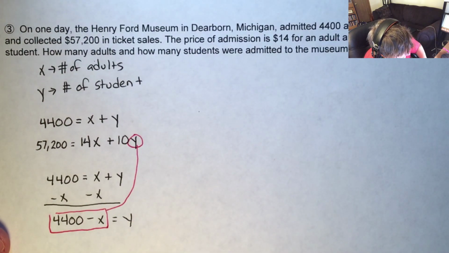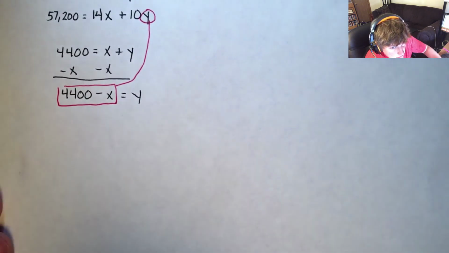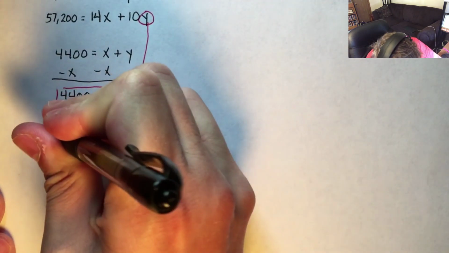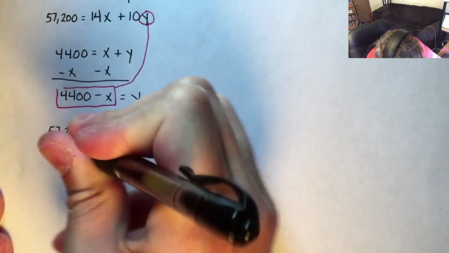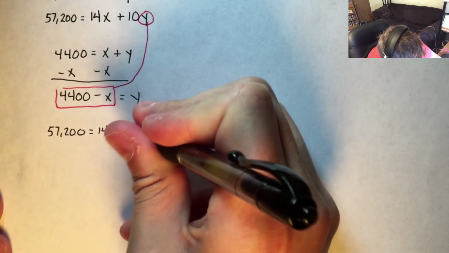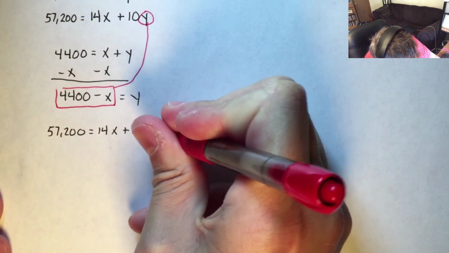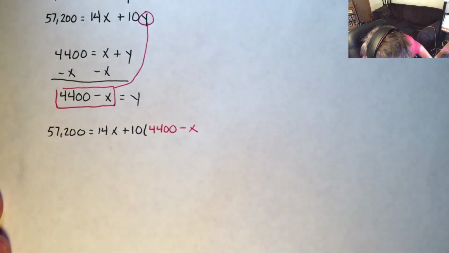Okay, so then I am going to have 57,200 is equal to 14x plus 10 times 4,400 minus x.